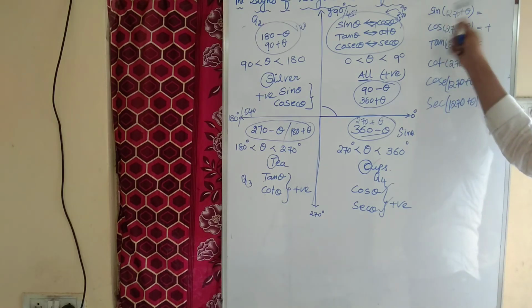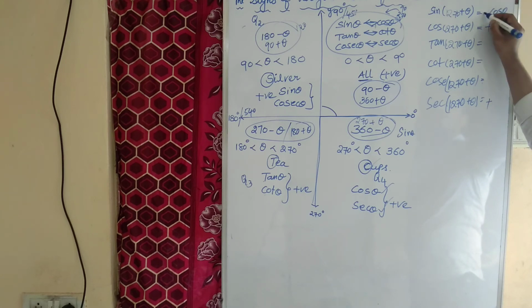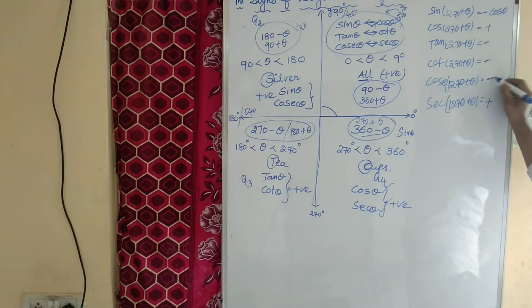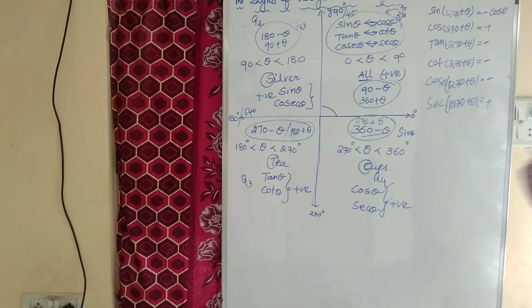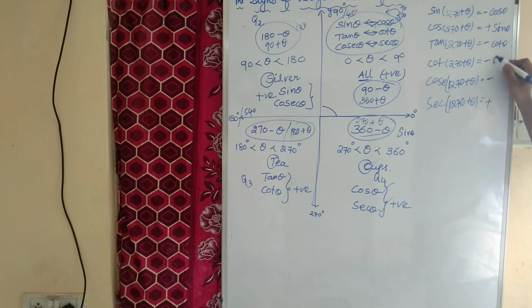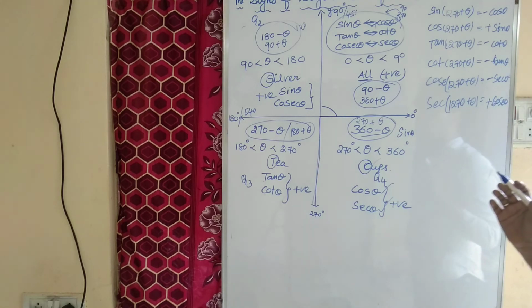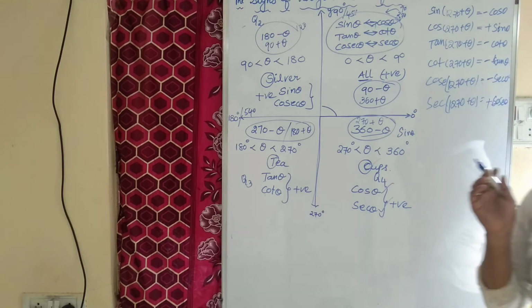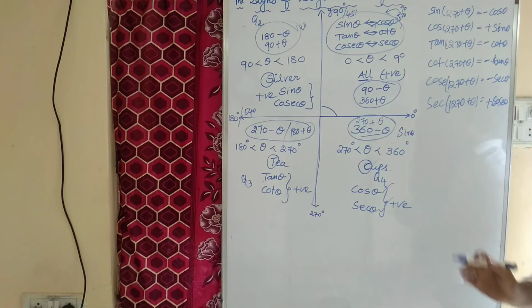If it is 270, there is a change. Remaining all negative, sorry children. If it is sine, it will become cos; cos, sine; tan, cot; cot, tan; cosec, sec; sec will become cosec. These are all four quadrants and the signs of trigonometric functions.